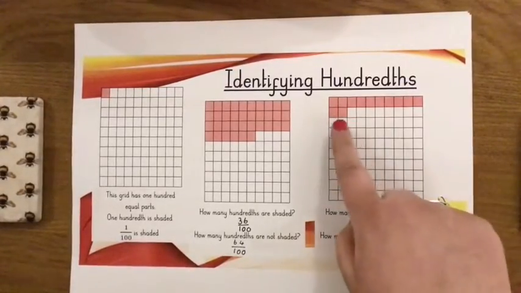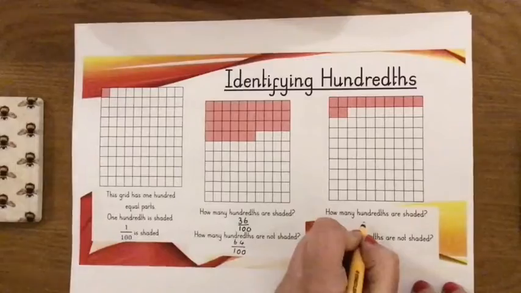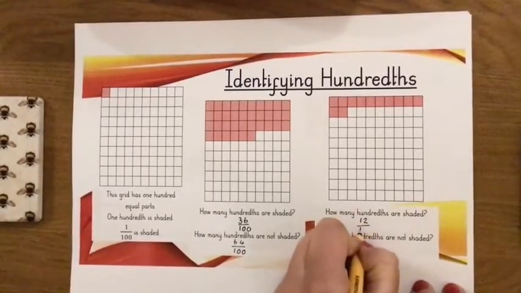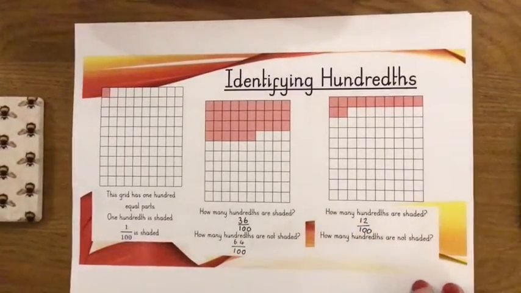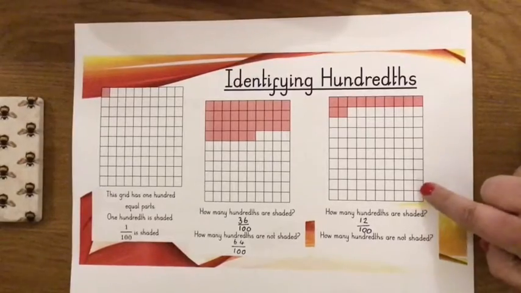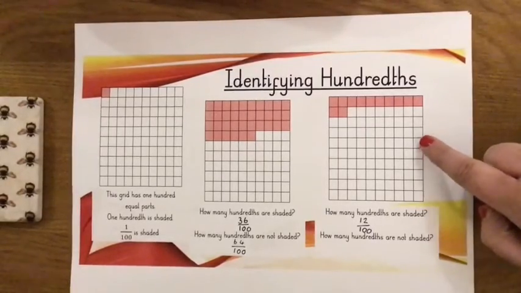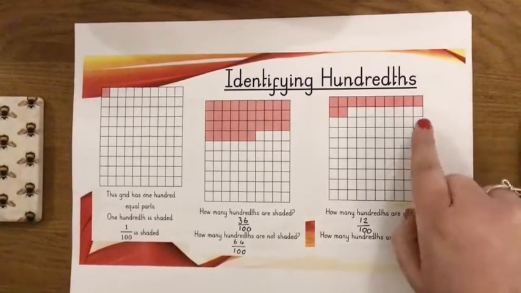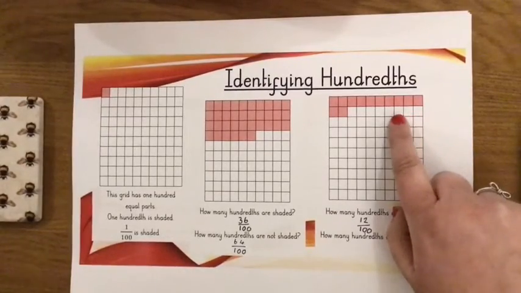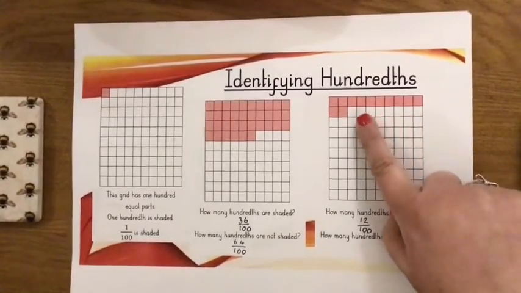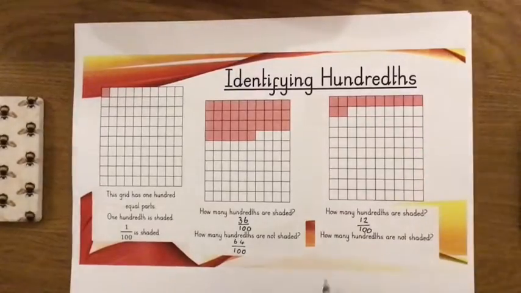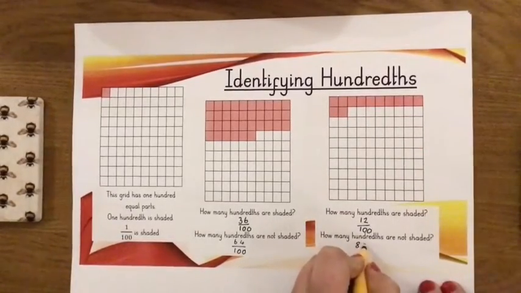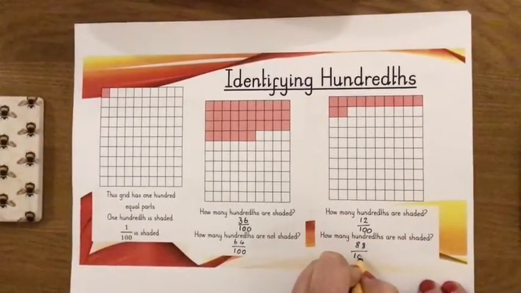Well, I've got 10, 11, 12 hundredths are shaded. So how many aren't shaded? 10, 20, 30, 40, 50, 60, 70, 80, 81, 82, 83, 84, 85, 86, 87, 88. 88 hundredths are not shaded.